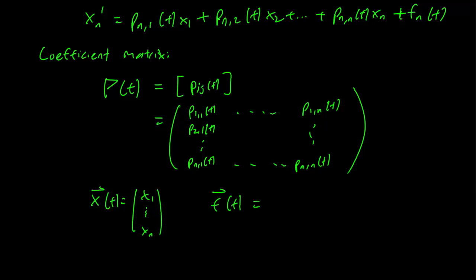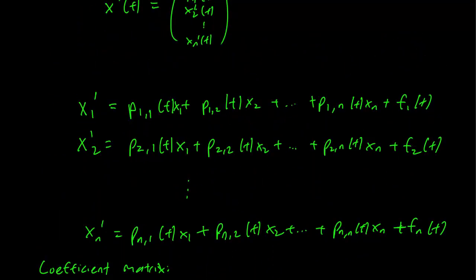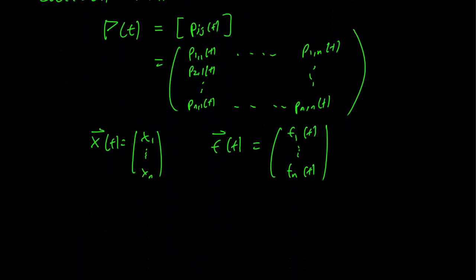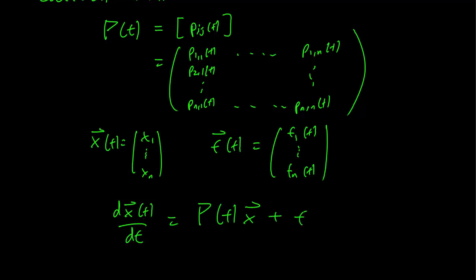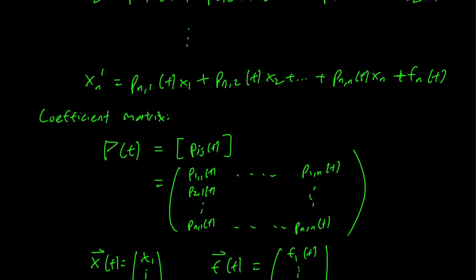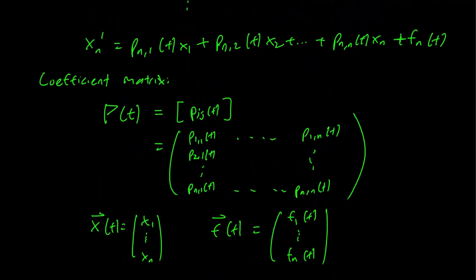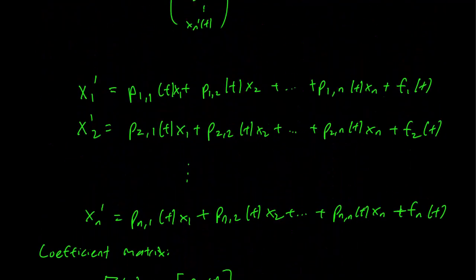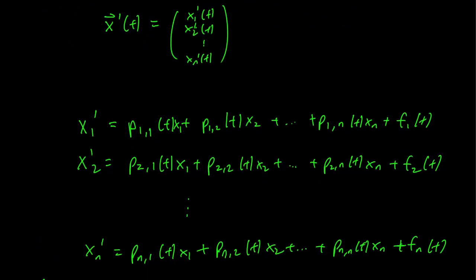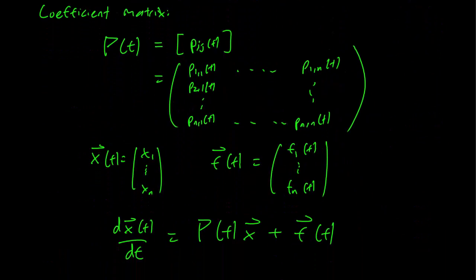If you write f as f1(t) to fn(t), then we can simply write down this really long system in this form, which encapsulates and captures a lot of this information. So the first thing you have to learn in this section is how to translate a linear equation of this form into a matrix. And we'll go through an example in the next video.